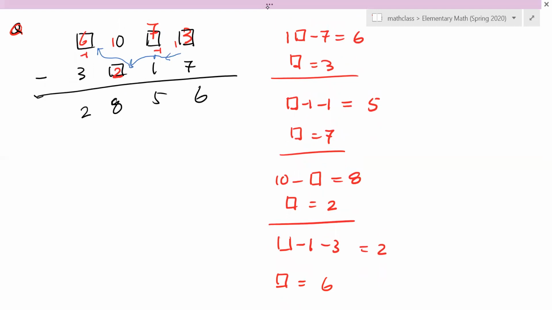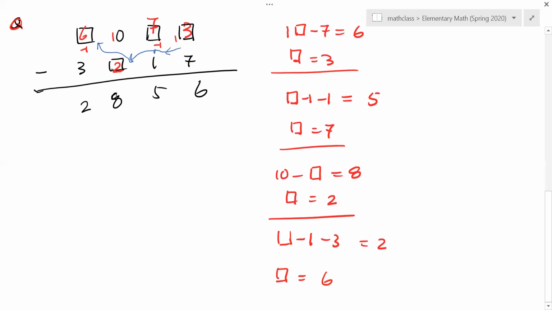But if you find it difficult to deal with subtraction, maybe you can do a different way. How do you do a different way? Well, you can see that some number minus 3 of something is going to be 2,856.